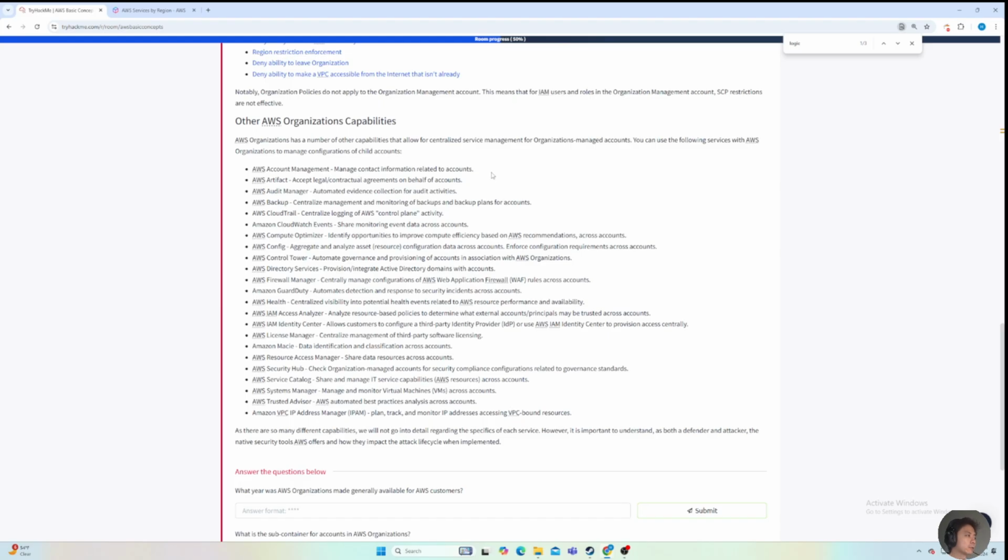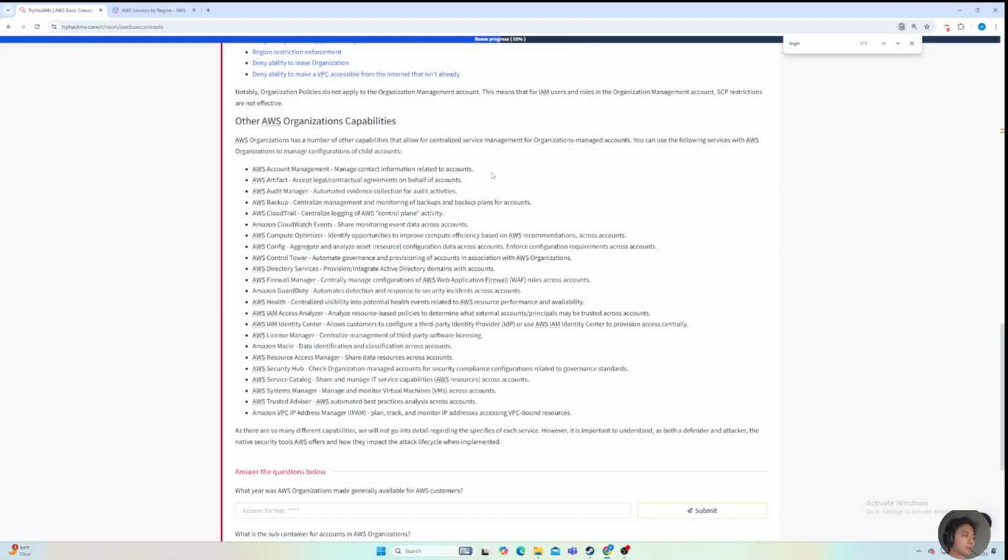AWS IAM Access Analyzer, analyze resource-based policies to determine what external accounts or principals may be trusted across the accounts. AWS IAM Identity Center, allows customers to configure a third-party identity provider or use AWS IAM Identity Center to provision access centrally. AWS License Manager, centralized management of third-party software licensing.